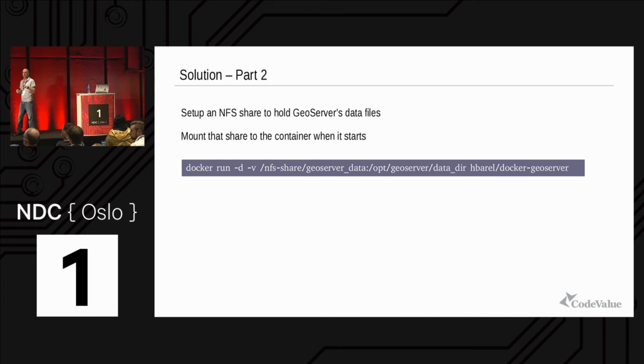And that host mount was actually an NFS mount. So the container mounted the host folder, which mounted an NFS share. That's a great setup because if Gale Server crashes for some reason, and another one is booted up to replace it, it can access that same data store that is shared around all instances of Gale Server.